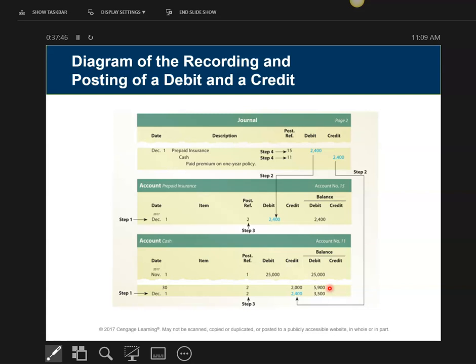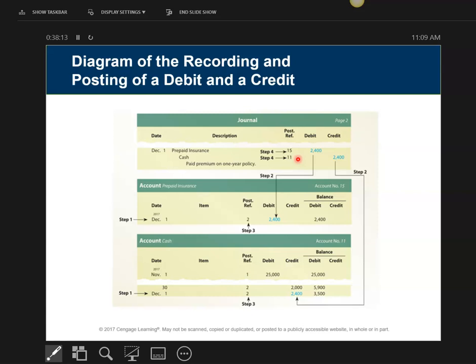If I end up on the credit side here, I've done something wrong or I've spent more than I have. So I had $5,900 cash minus the $2,400 I just spent, which leaves me $3,500 cash. The last step is I'm going to take account number 11 and move it to right here. Then I know I'm finished with that.